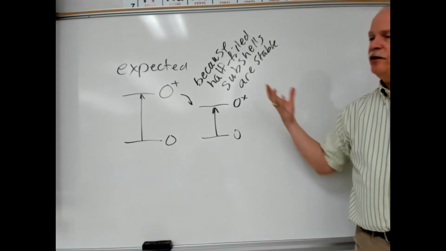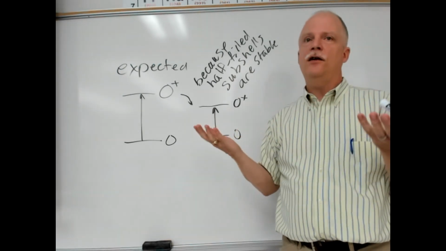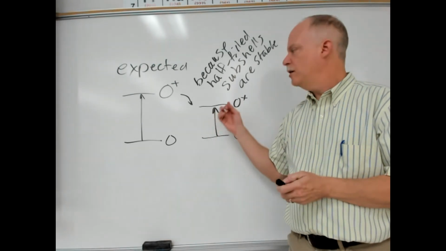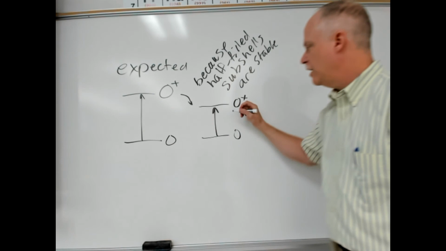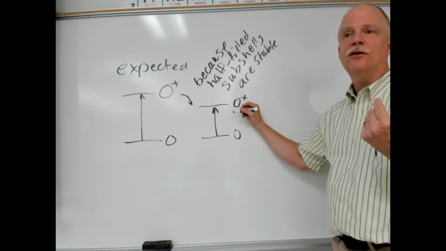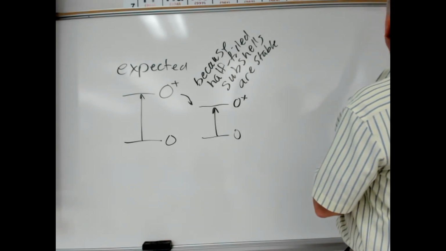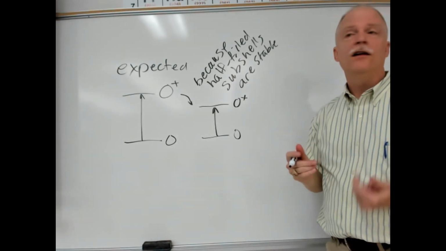You don't have to do the electron configuration just for the neutral atom. You need to know how to do the electron configuration for things like oxygen cation. So let's just make sure we understand how to do that. Oxygen cation, so it's an oxygen with one less electron. So look up there. Oxygen has 8 protons, but oxygen cation only has 7 electrons.